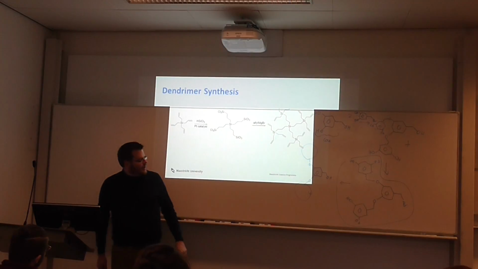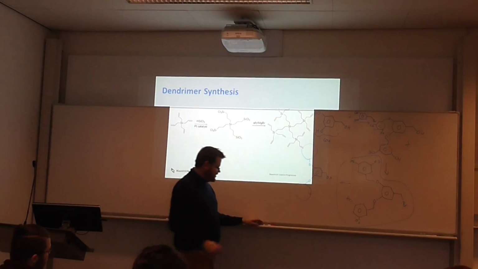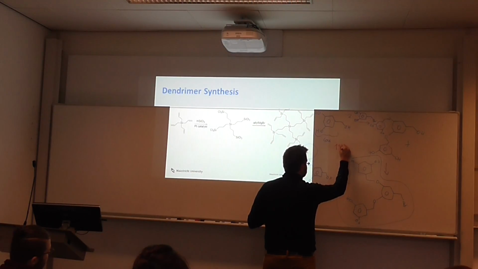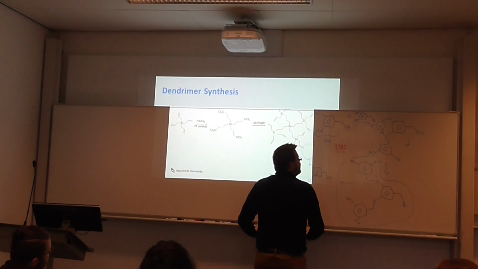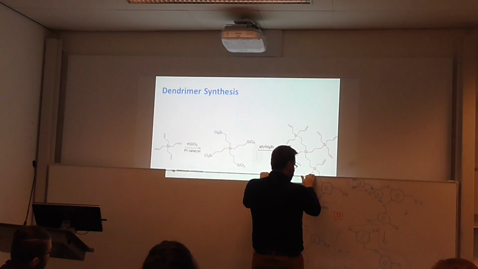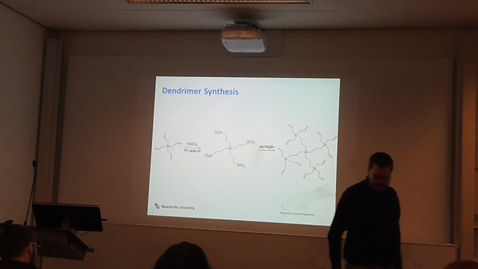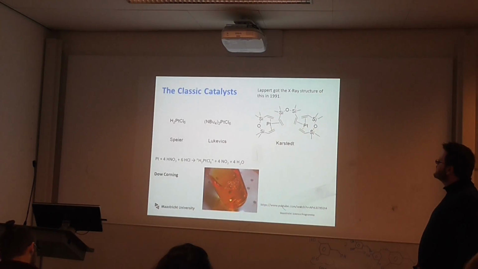I think that's actually a very clever and simple way of building up these things, and this is from around 1995, if you're interested, Fréchet. That was his key paper, if I remember correctly. Okay, so we've digressed a bit, but hydrosilylation is something that one can use to build up dendrimers.